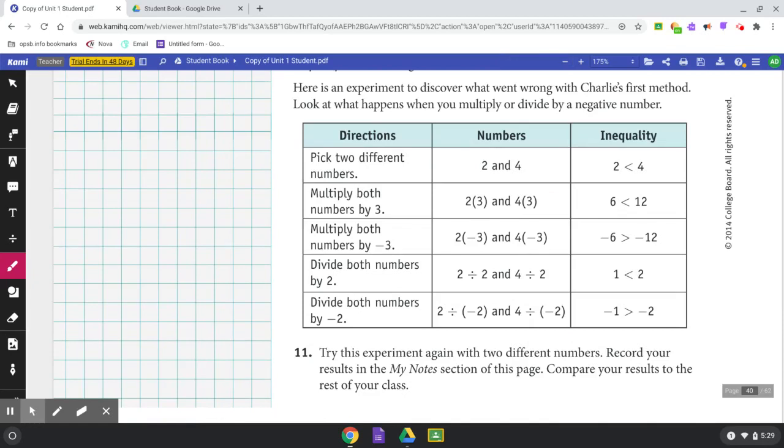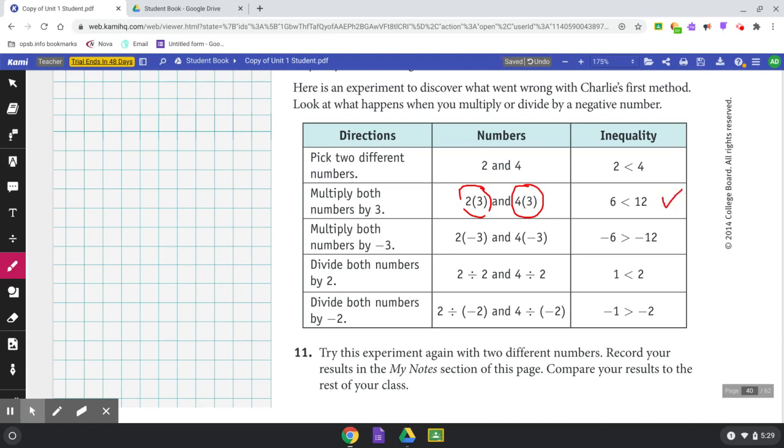Pick 2 different numbers. The book picks 2 and 4. The inequality 2 is less than 4. Multiply both numbers by 3. 2 times 3 and 4 times 3, you get 6 is less than 12. Well, 6 is less than 12, so that's true.